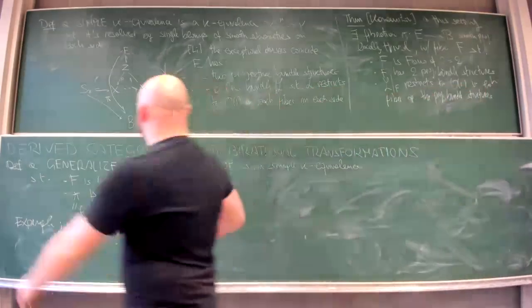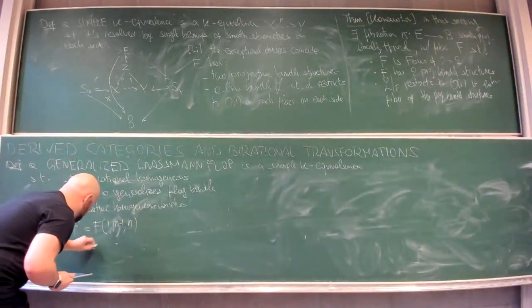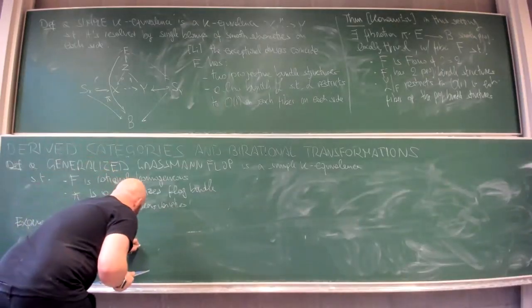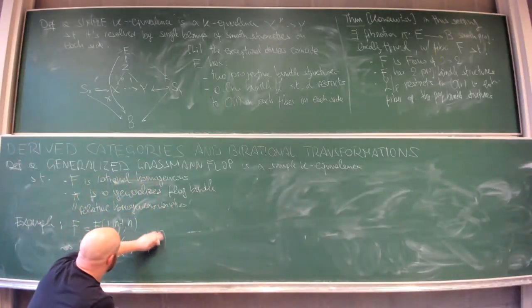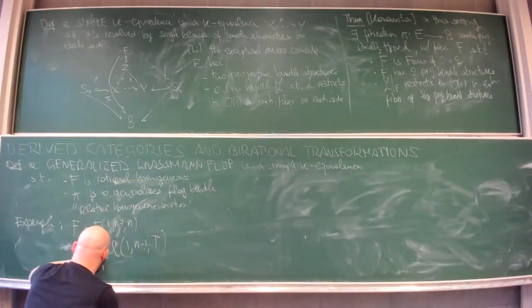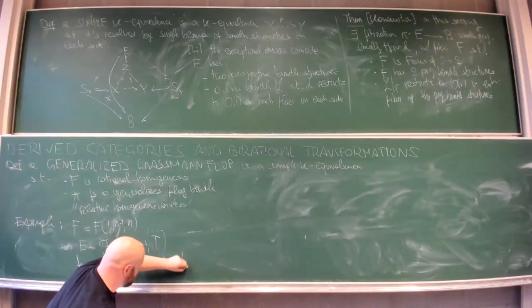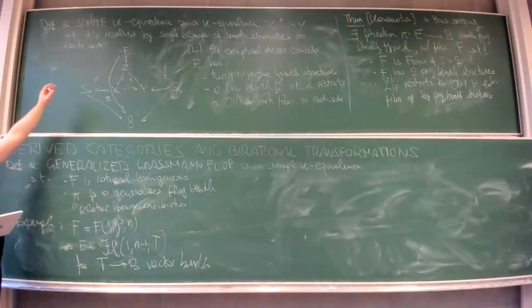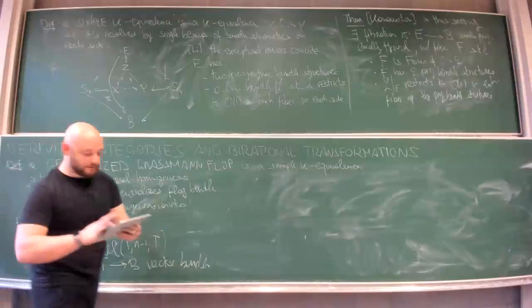In this case, E will be the flag bundle F(1, n-1, T), where T is a vector bundle over B. So you fix a vector bundle, then on any B you can construct this kind of flop by having a diagram like that, such that E is this kind of flag bundle.